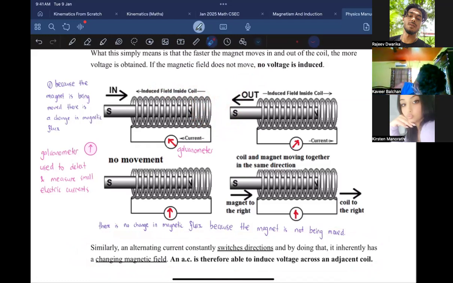Therefore, an AC is able to induce voltage across an adjoining coil.